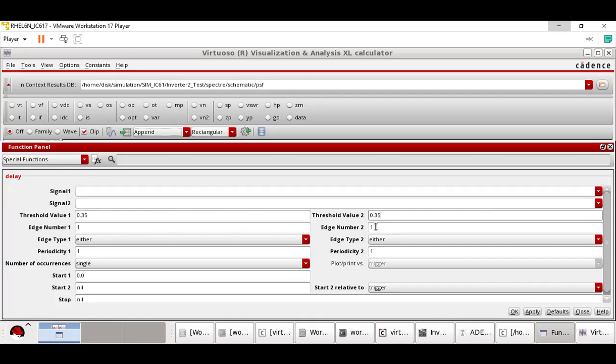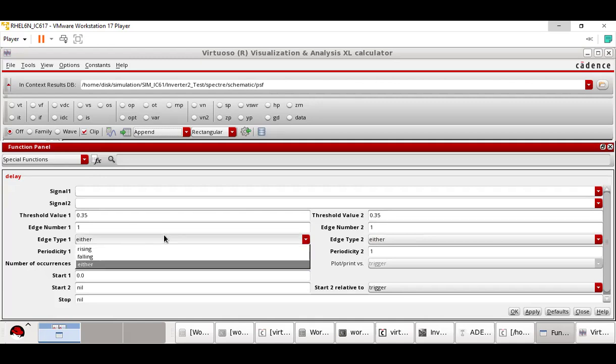Edge number will remain 1. I will show you in the wave shape what the edge is. Then edge type, it can be rising, falling, or either. When you use the word rising, it takes the delay of the rising pulse. When you use falling, it takes the delay of the falling pulse.